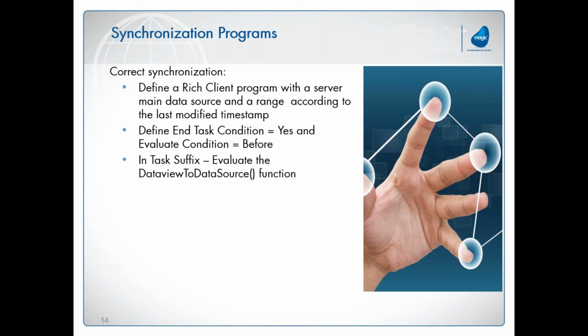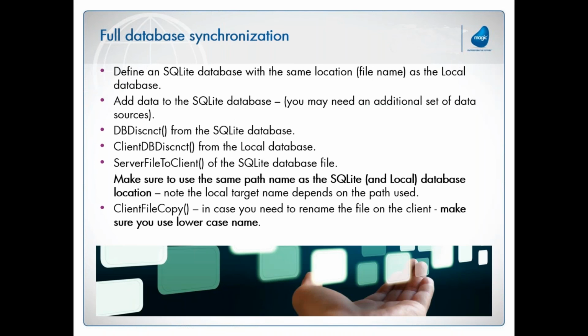But since we are using a SQLite database on the local machine, and we already support SQLite on the server machines, what you can do is define a database on the local as a local database with the same name and convention as a server SQLite, fill the server data, and just copy this file as a whole file to the client. Now, it is useful in some cases, let's say you have lots of cities, countries, and so on, and you prepare a database in advance so you can just copy it to the client side.